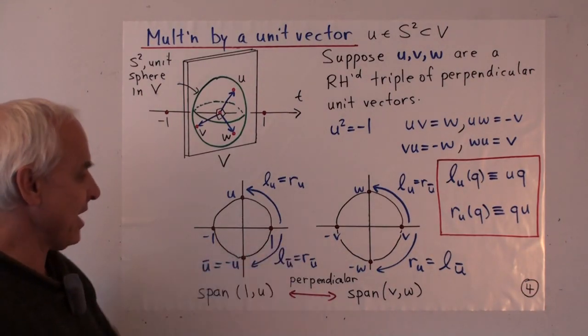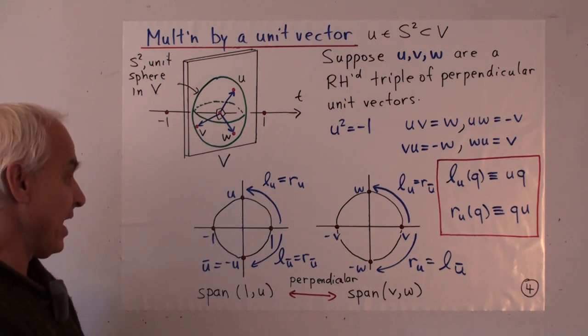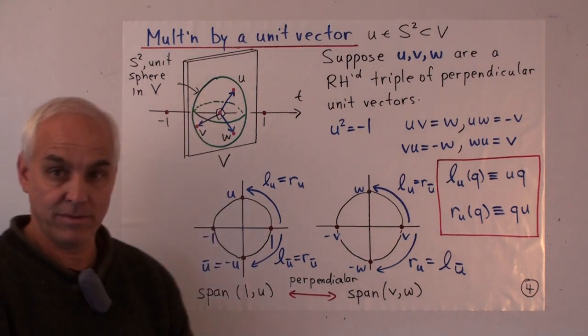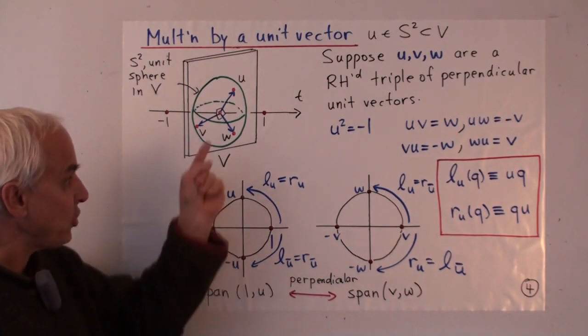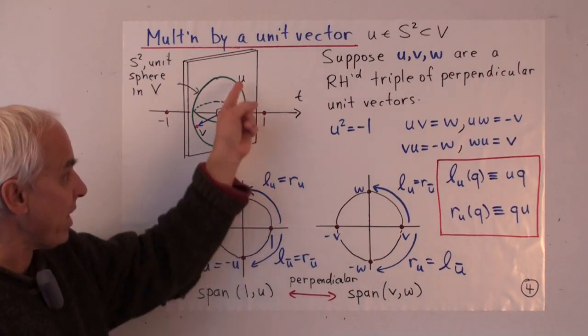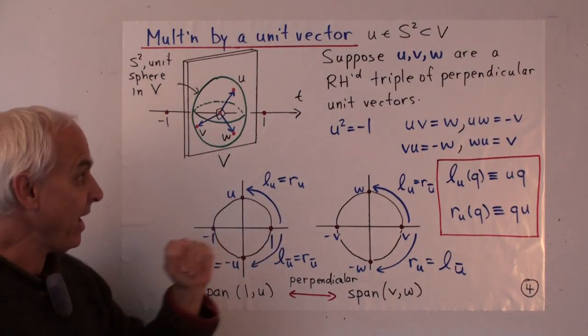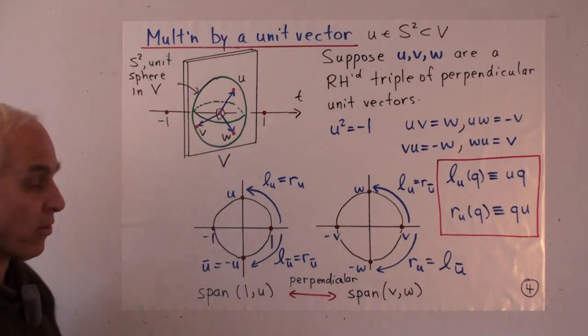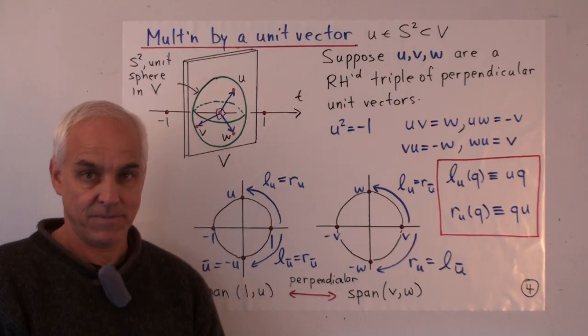All right, so this is the key to understanding multiplication by quaternions: to realize that if we have a unit vector, then its action on the two-dimensional plane spanned by one and itself is one thing, and it's relatively easy to understand. And its action on that transversal orthogonal complement is also relatively easy to understand.